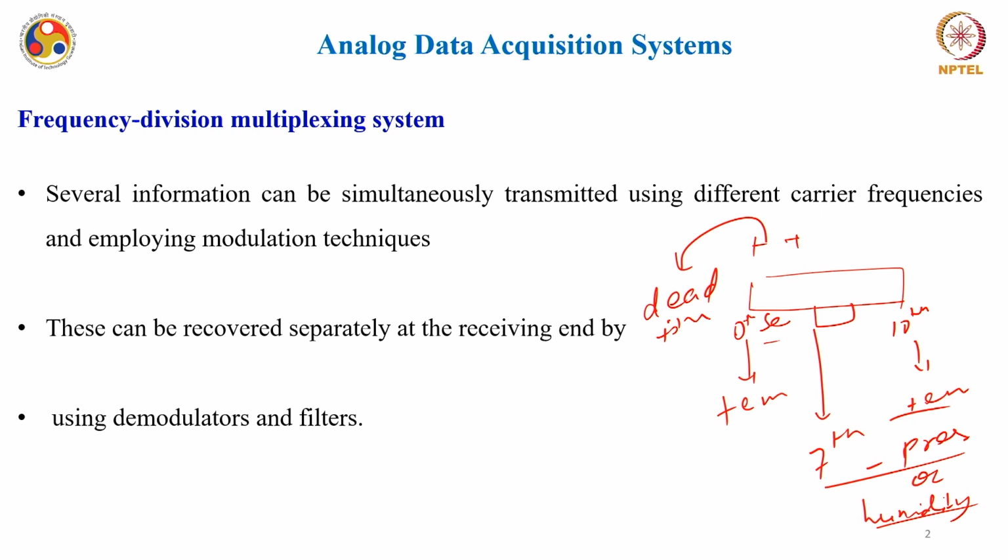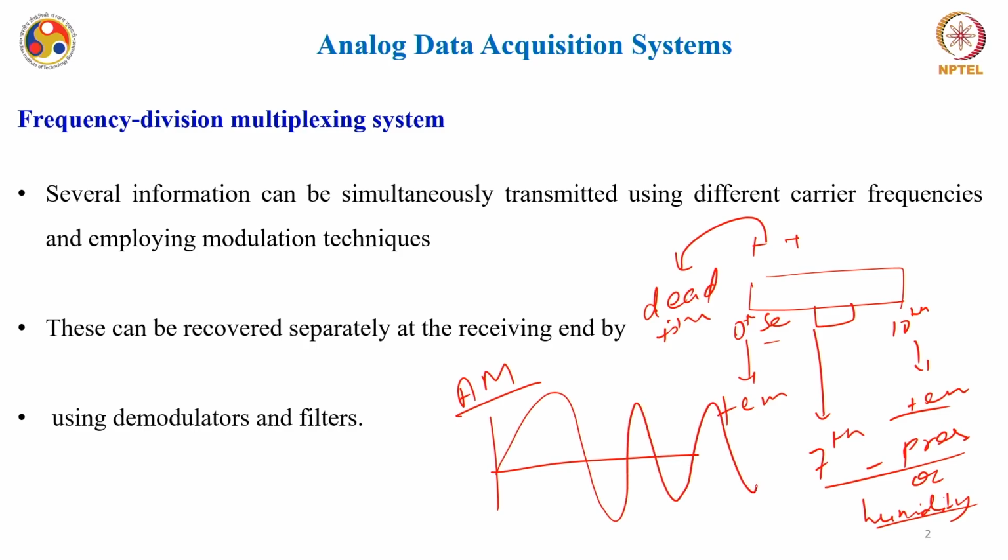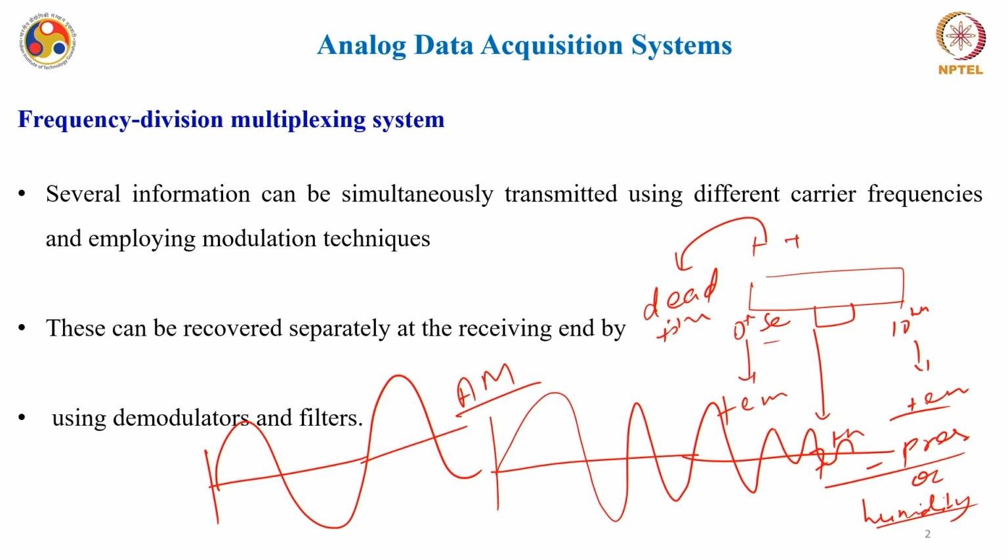For that, usually we use a different modulation technique. In communication, if you are not aware, there are different modulation techniques. We have amplitude modulation, which we call AM. There is a carrier signal, and its amplitude changes depending on the message it carries.